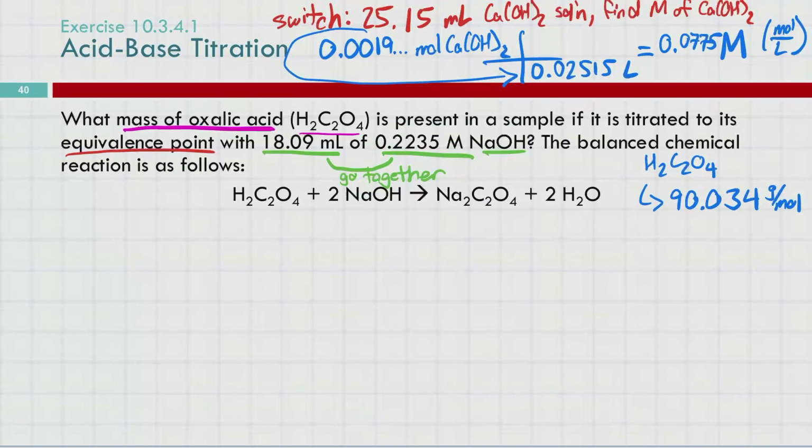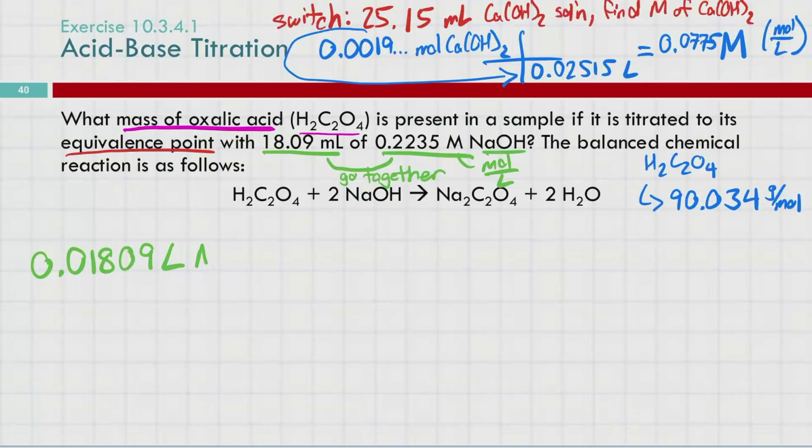I like to start with volume because it's just 1 unit. And molarity is secretly 2 units. It's moles over liters. You can start with either of them. It doesn't really make a difference.